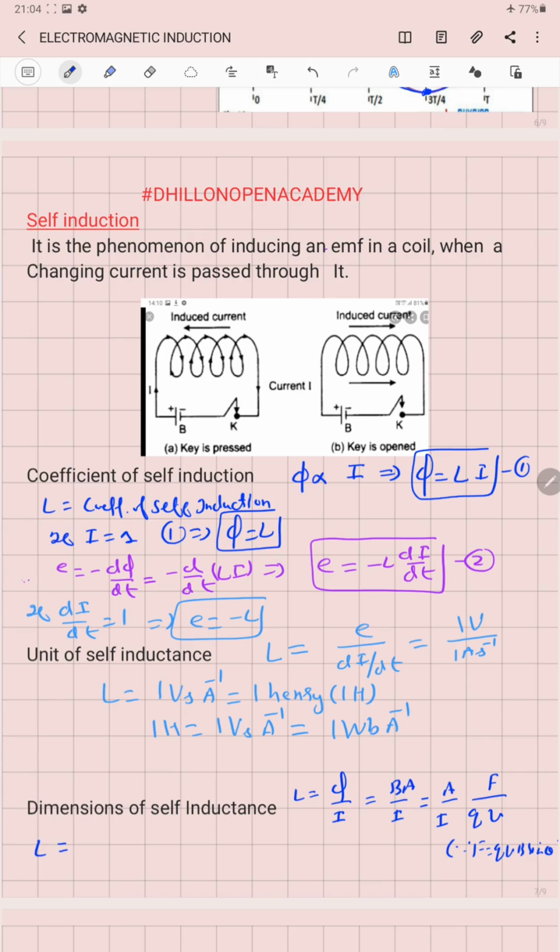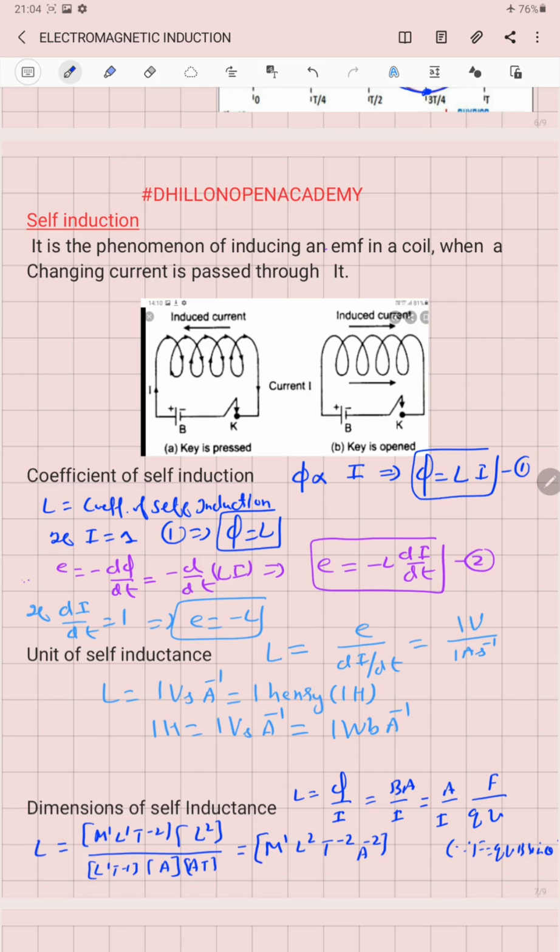So the dimensions of self-inductance are M1 L1 T minus 2 into L2, divided by velocity L1 T minus 1, current A, and Q is the electric charge, which is equal to A into T. So if you solve it, finally we will get M1 L2 T minus 2 into A minus 2.